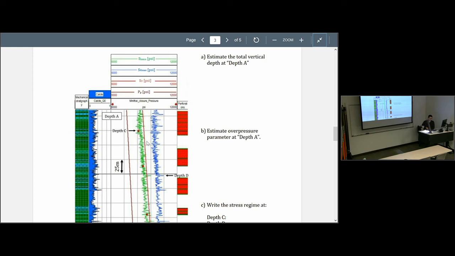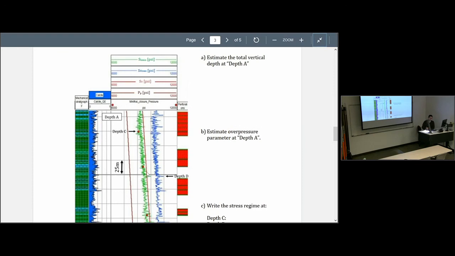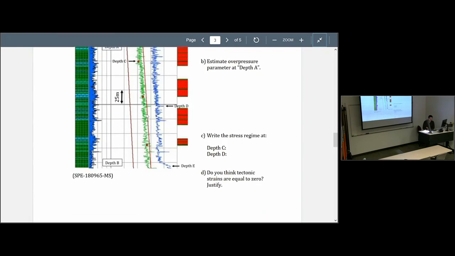In most of the problems I gave you, you had the density and you had to compute the vertical stress. Well, in this case, you have the vertical stress variation with depth. You have to compute the gradient, which is the opposite to what you have been doing before. But if you understand the problem, you will have no problem in order to do this. And I like this question too.